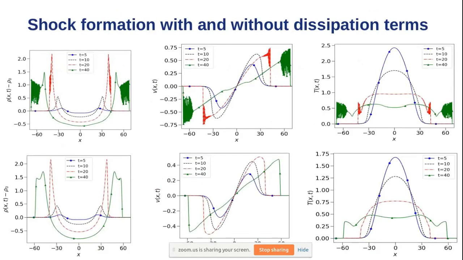Yeah, that is because I didn't add the dissipation term in the first three equations, the first three plots. Why should there be oscillations because of that? I mean, the oscillations must mean something, right?